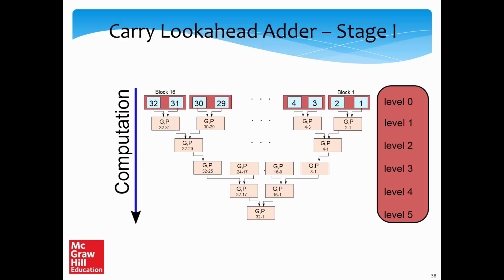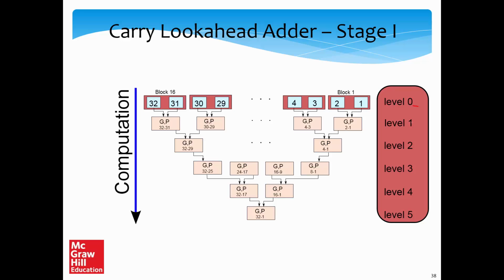So this is shown in this diagram. Let's number the bit pairs: first bit pair, second, third, fourth, and so on. Let's say that in level 0 we consider 2 bit pairs. We have the solutions for a 2-bit system. So we compute the GNP functions for the first 2 bit pairs, which is 1 to 2, 3 to 4, till 29 to 30, and 31 to 32.